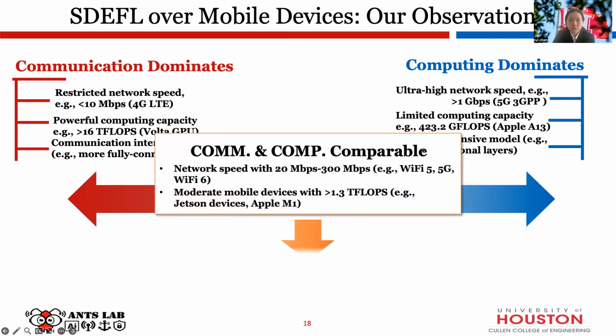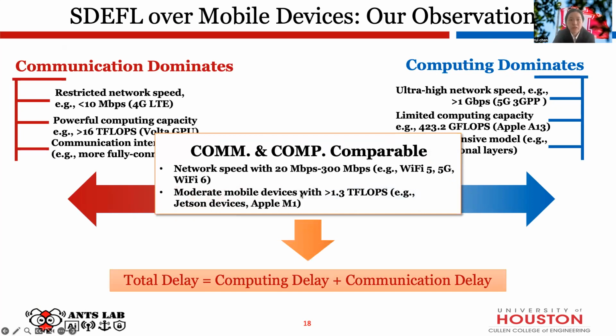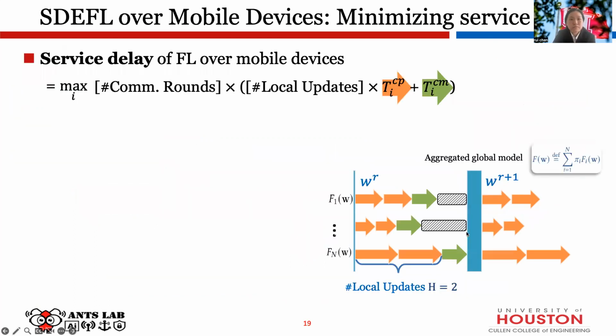Between those two extreme cases, we find many more cases where computing and communication are comparable. Under those scenarios, to minimize the service delay, we need to jointly consider the computing and communication delays.